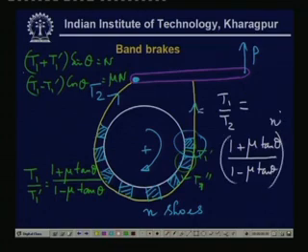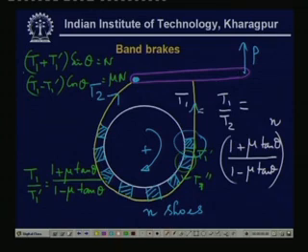So, if there are n shoes, then we get this relationship between T 1 and T 2. Once we know this relationship, then we can consider the free body diagram of the lever as before and find out the value of P.